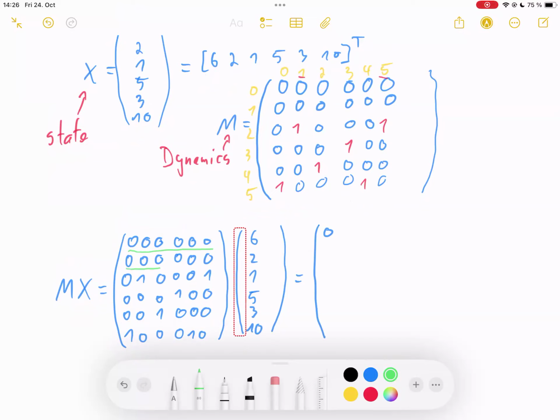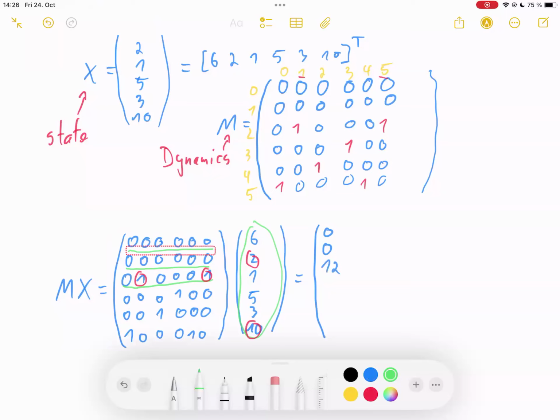It's the same for the second row, so we have a 0 there as well. And if we multiply with the third row, we have a 1 here and a 1 there. So 2 times 1 plus 1 times 10 gives us a 12.